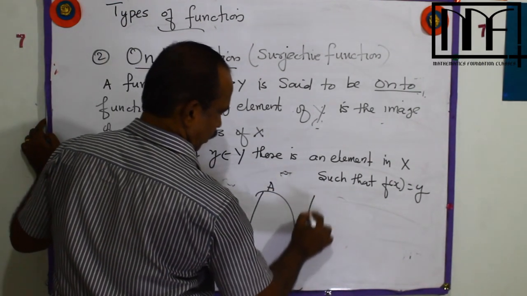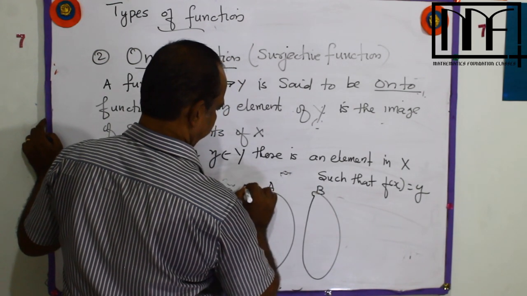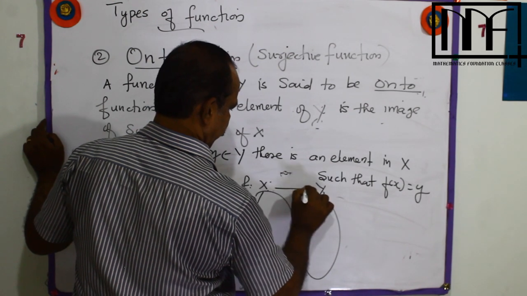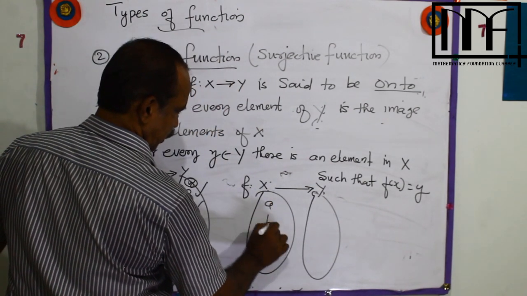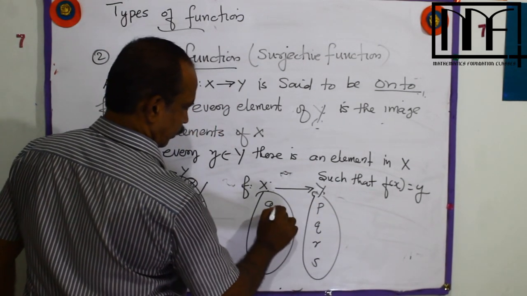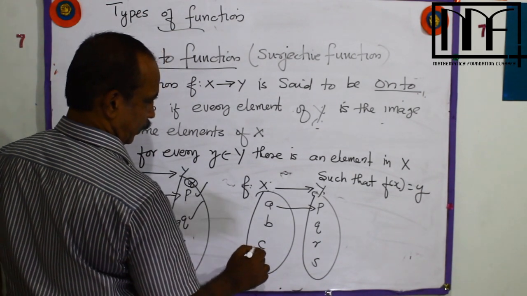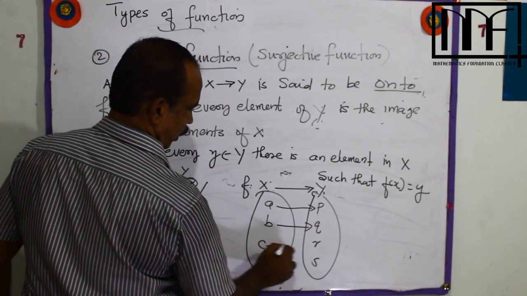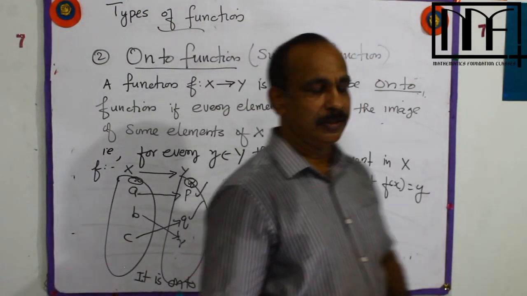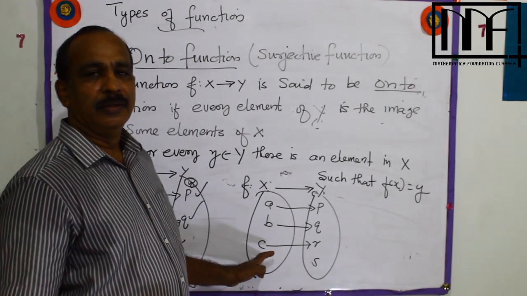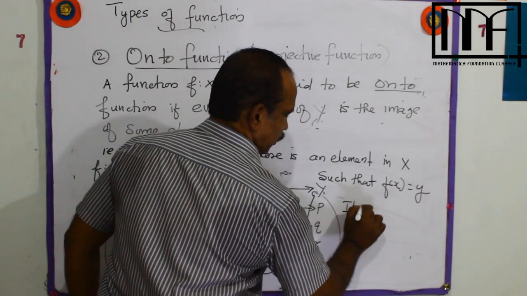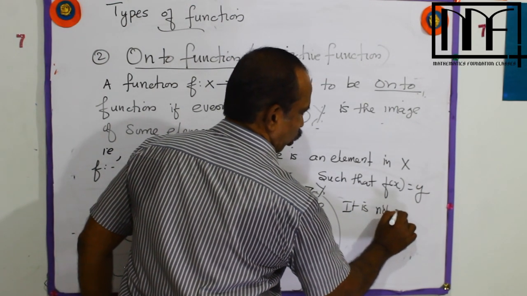Now A, B, C, P, Q, R and S: a function from X to Y. P is the image of A, Q is the image of B, R is the image of C. S is one extra, which does not have any partner in the domain set X. So this is not onto.